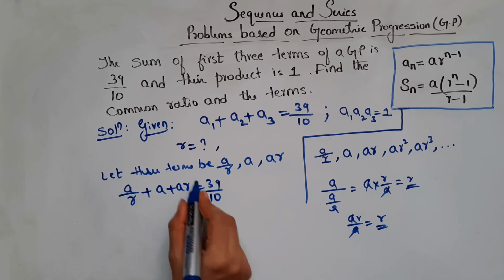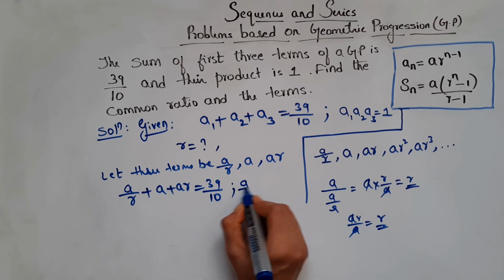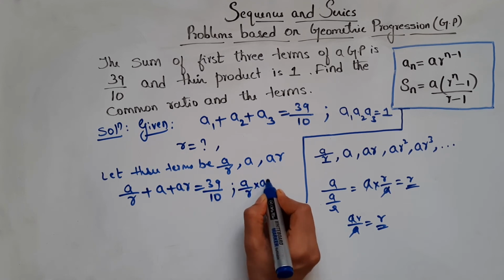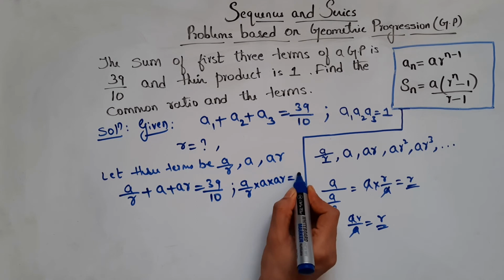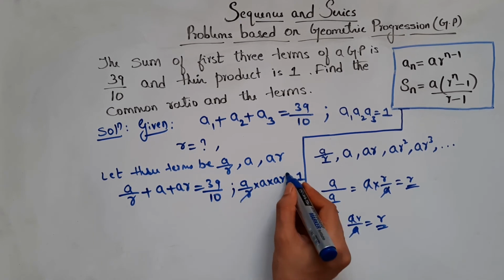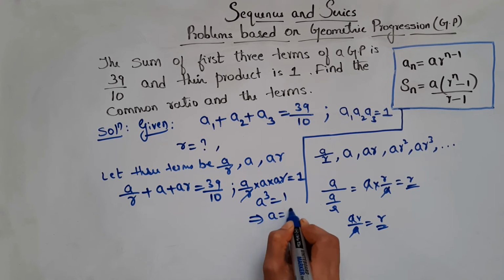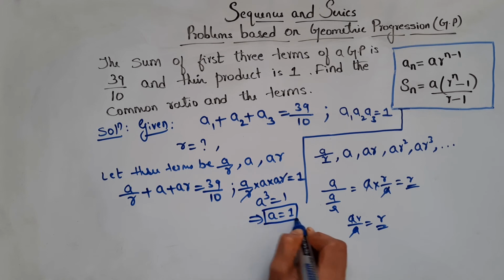This is given. And also they have said the product of these three terms, so A by R into A into AR is equal to 1, right? From this we can say A cube is equal to 1, which implies A is equal to 1. So now we got A, right?